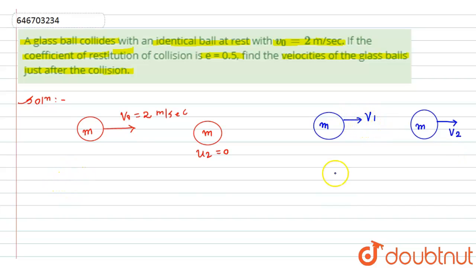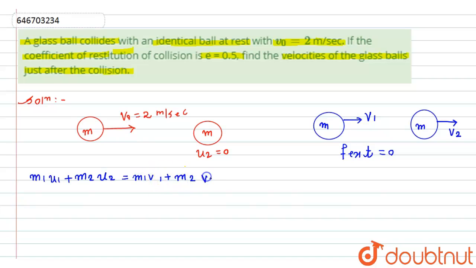As you can see here, there is no external force, that means F external is equal to 0. So from here we can say that along the horizontal the external force is 0, and hence by using the conservation of linear momentum, we write an equation as initial momentum, that is m1 u1 plus m2 u2, should be equal to final momentum, that is m1 v1 plus m2 v2.